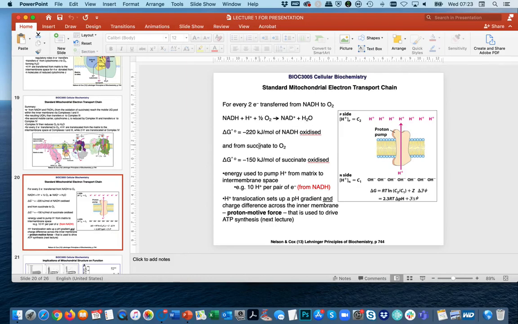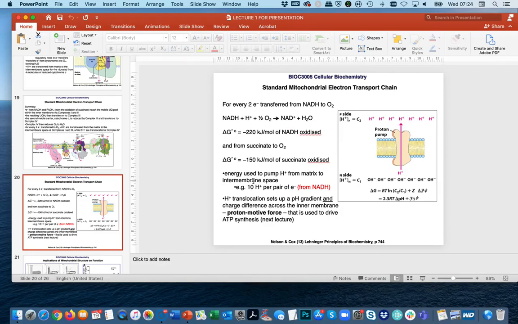That means that for every mole of NADH that's oxidized, there is energy released, about 220 kilojoules, and we see less energy being released if we start with succinate being oxidized. That energy is used to pump protons from the matrix of the mitochondria to the intermembrane space, so about 10 protons are transferred for every pair of electrons if we're starting at NADH, fewer if we're starting at succinate.